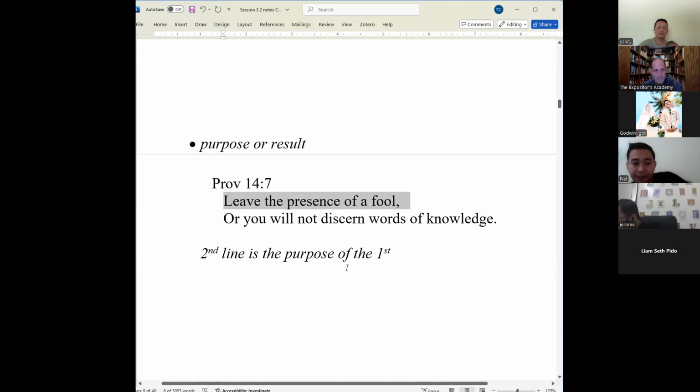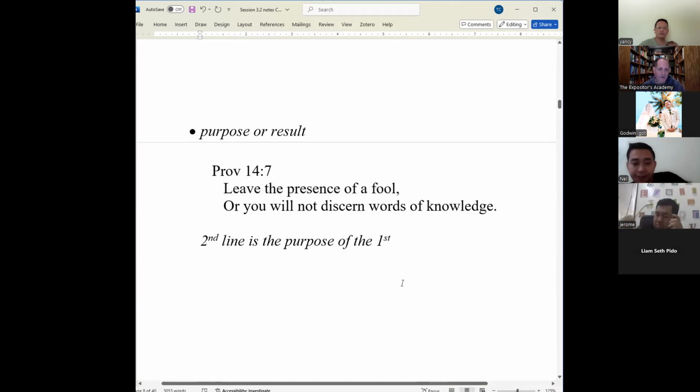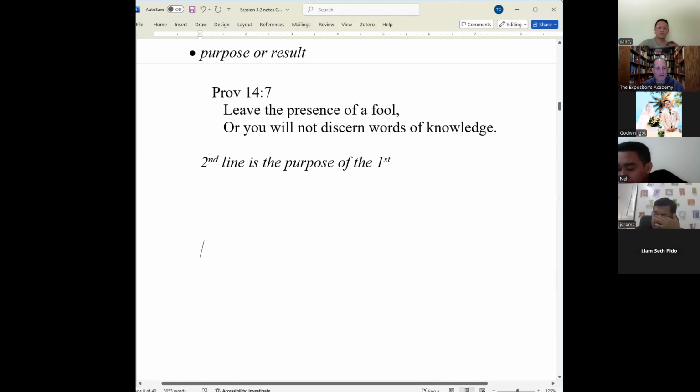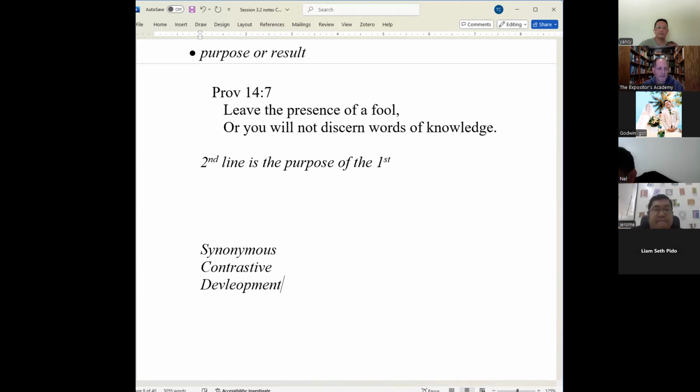So those are examples again, the three significant categories or types of parallelism are synonymous, contrastive, and developmental. And developmental, we have three kinds: expands, illustrates, or purpose, result.